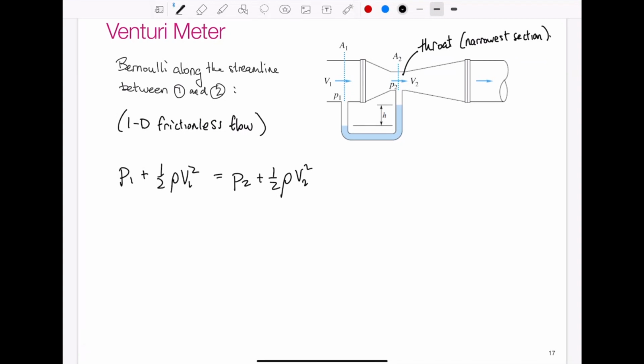Now we don't have a point in our flow where the velocity is 0, so we have all of these terms remaining. Let's separate our pressures and our velocities to either side. So we get P1 minus P2 on the left-hand side, and on the right-hand side, we have 1/2 times rho factored out, V2 squared minus V1 squared.